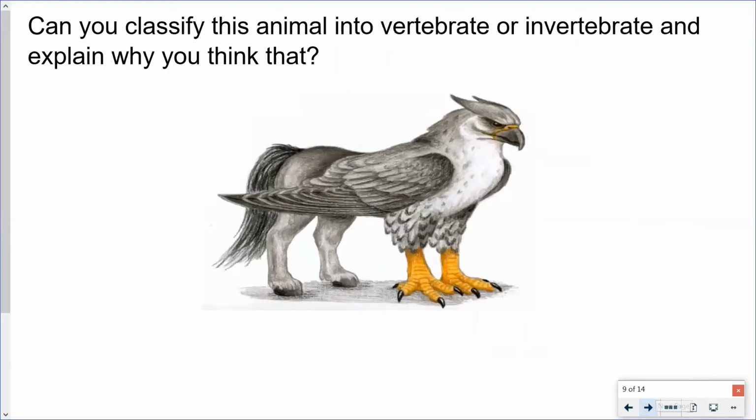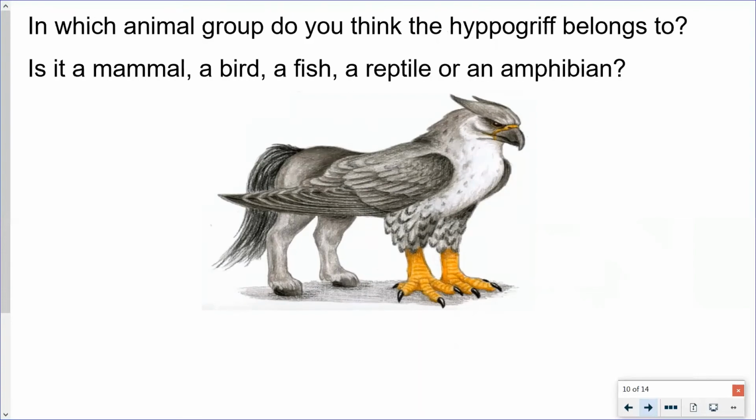Do you think a hippogriff is a vertebrate or an invertebrate? Why do you think that? Fantastic. A hippogriff is a vertebrate because it has a backbone. Okay, so that helps me to stand. Now, in which animal group do you think the hippogriff belongs to?